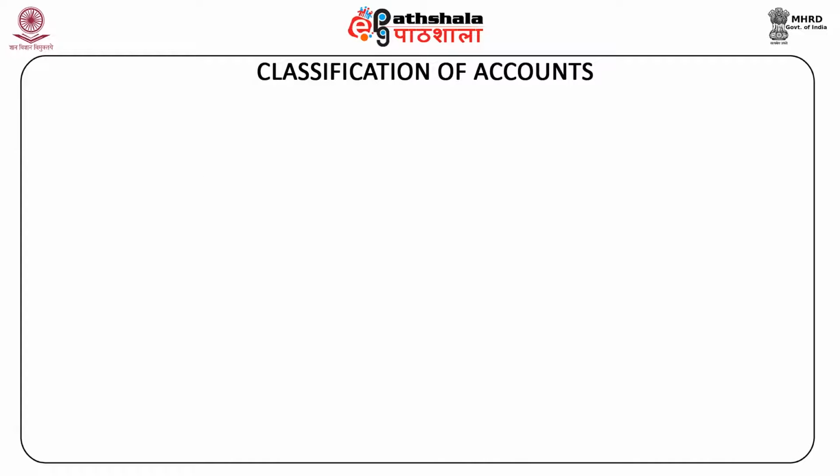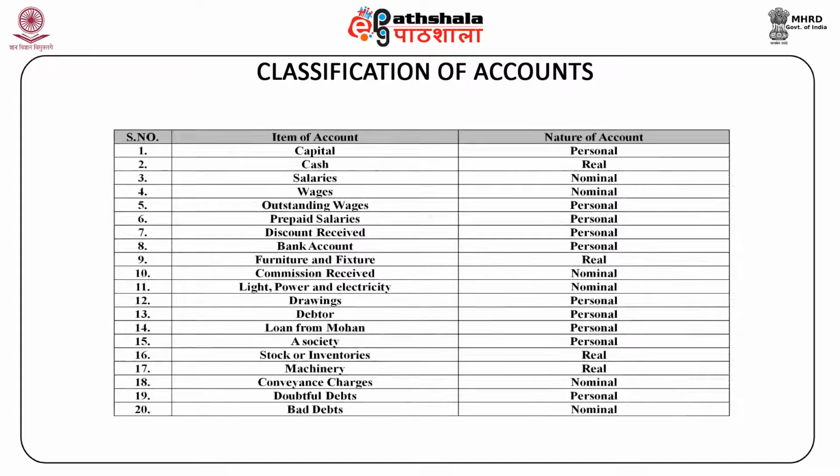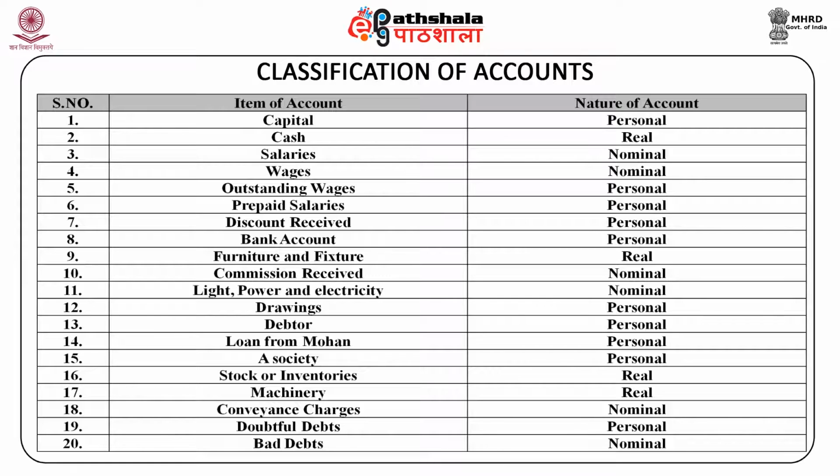Now, doing the classification of these accounts. Capital account will be classified as personal account. Cash account will be classified as real account. Salaries account will be classified as nominal account. Wages account will be classified as nominal account.